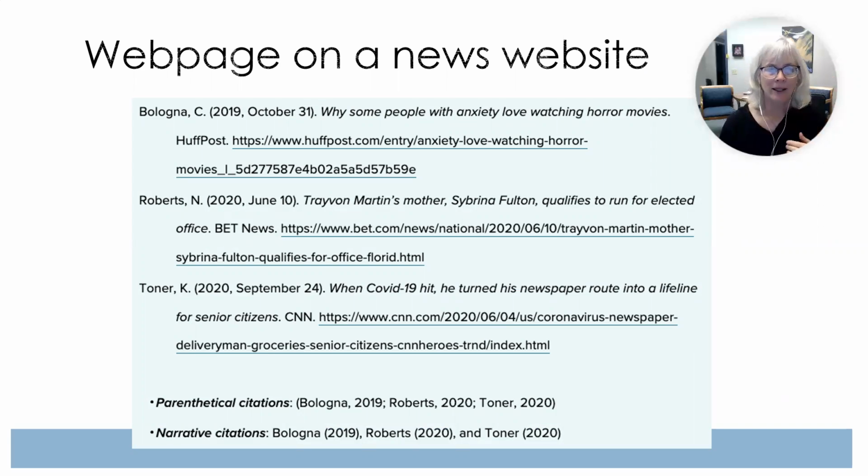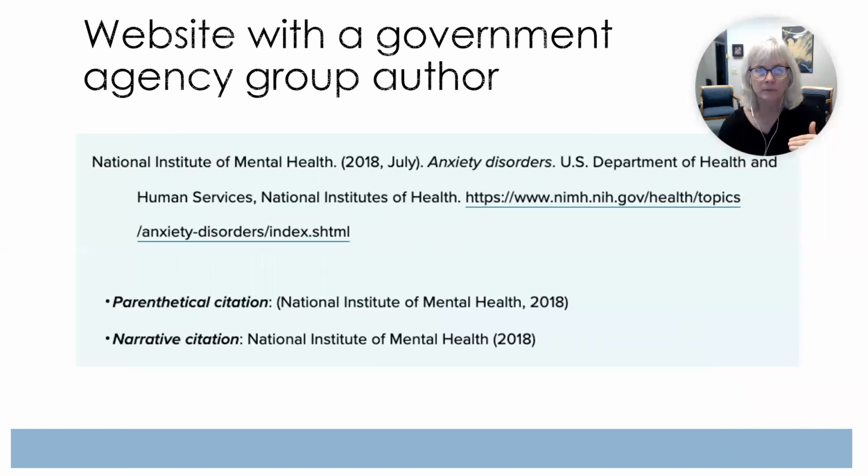And here's what a website might look like using, or a reference page which used a variety of web pages. And you see both the parenthetical citations and the narrative citations at the end. Government agency or group author.